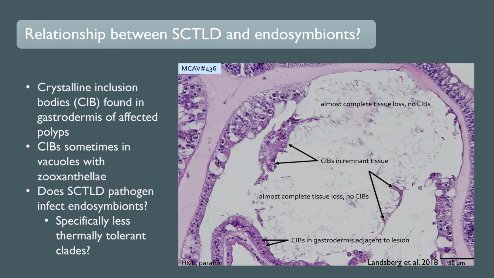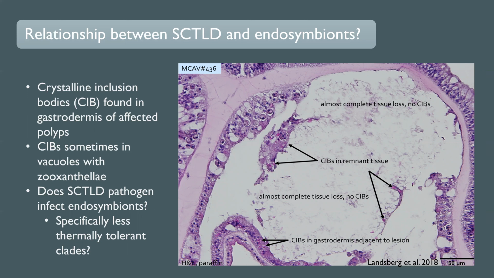Which ultimately raises the question, does the stony coral tissue loss disease pathogen or pathogens infect the endosymbionts? Potentially, which might line up with some of the research released by Landsberg and colleagues in 2018. In this image of a histopathology cross-section of an infected polyp of Montastraea cavernosa, they found many fuchsia dots within the gastrodermis, which are crystalline inclusion bodies, which are indicative of a viral presence.